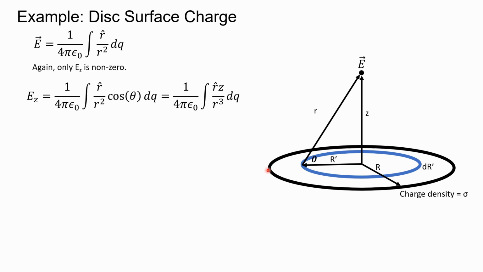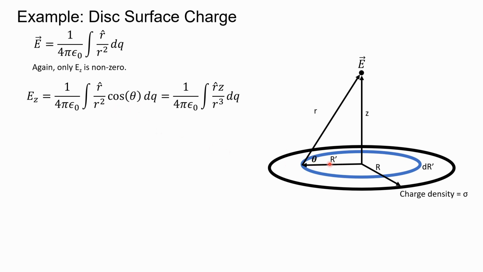We again, just like the last problem, recognize that the only non-zero component of our electric field will end up being Ez, and we again have a similar form of our integral with having this cosine of theta term. However, now this cosine of theta term is inside of our integral because theta changes over the course of the integration.